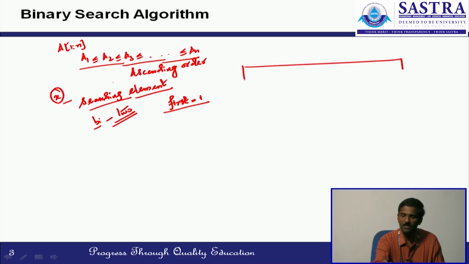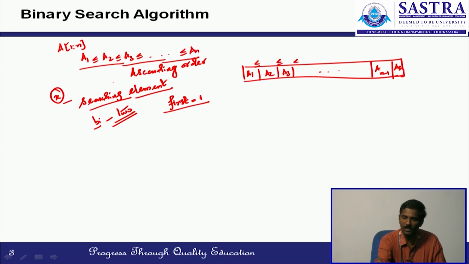Consider this array representation: A1, A2, A3, etc., An minus 1 and An. Since the array elements satisfy this relationship, we can easily compare the searching element with the mid location in the array, so that we can divide the input range into 2 sub ranges.